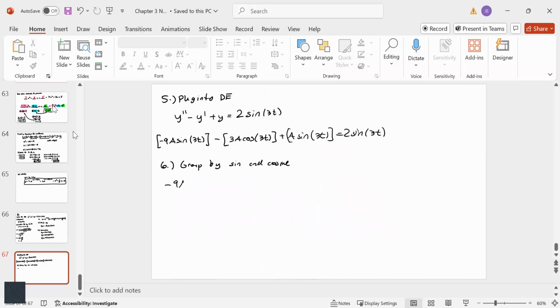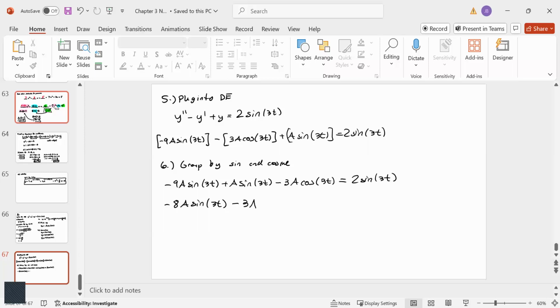Negative 9a sine 3t plus a sine 3t minus 3a cosine 3t equals 2 sine 3t. And then the sine terms just become negative 8a sine 3t minus 3a cosine 3t.